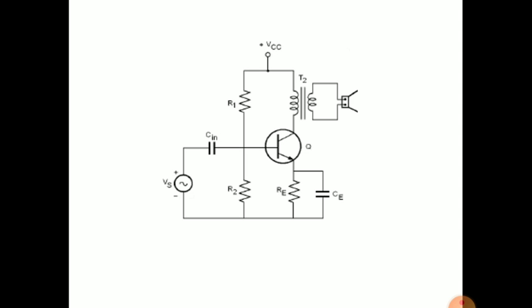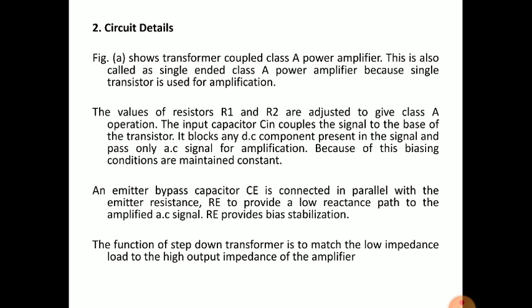See the circuit in which we have R1, R2 and RE for biasing and stabilization. So here we need to select the R1 and R2 values such that the circuit will function in class A mode, and RE is for stabilization, and the Cin is used to couple the input AC signal to the base of the transistor.